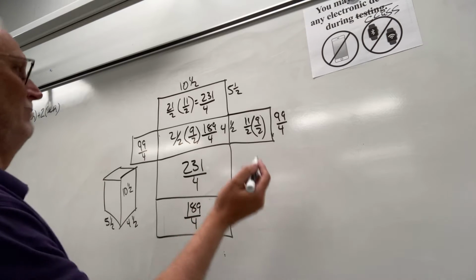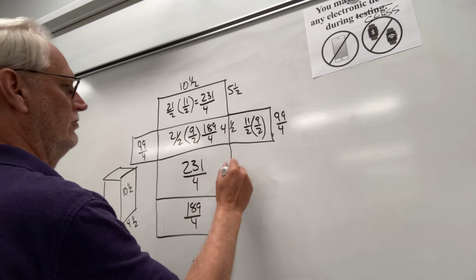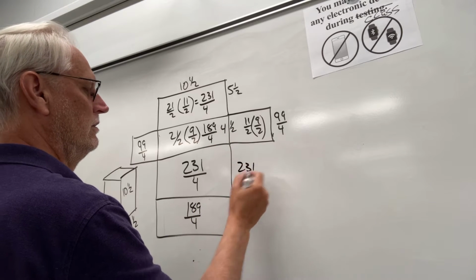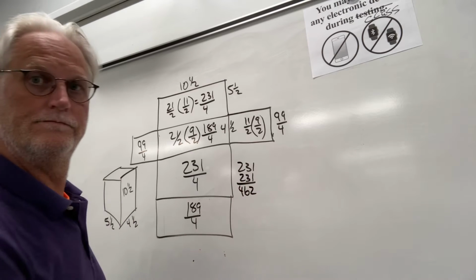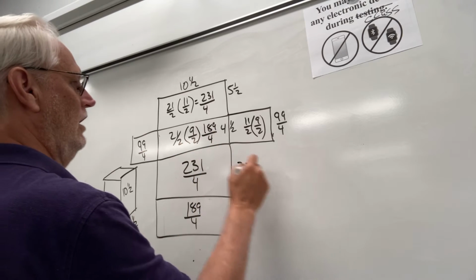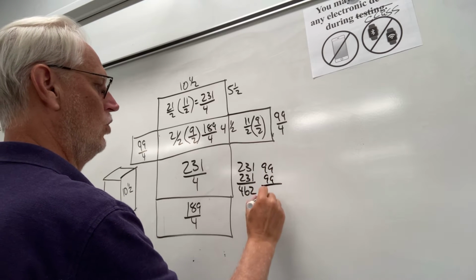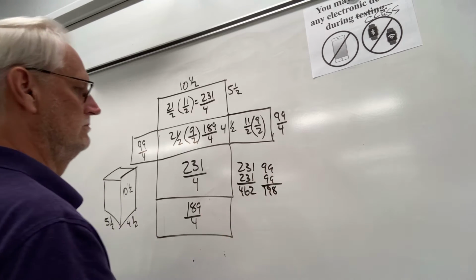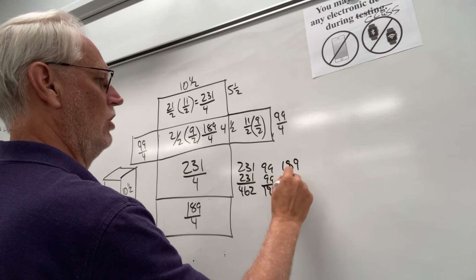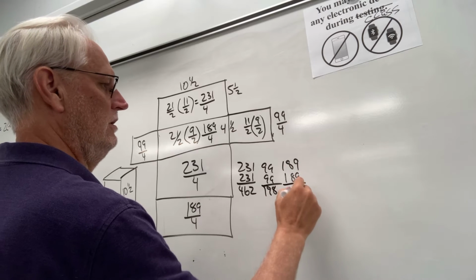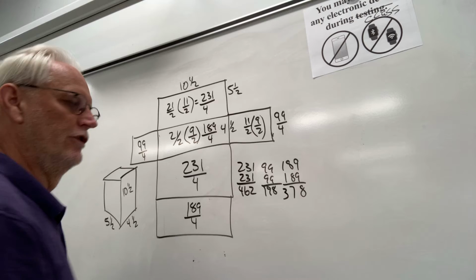So then I'm just going to go through and add up. 231 and 231 is going to be 462. 99 and 99 is going to be 198. And 189 and 189 is going to be 8, carry the 1, 7, carry the 1, 378.